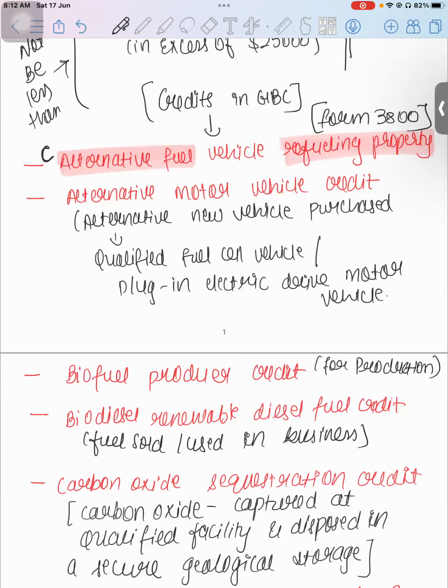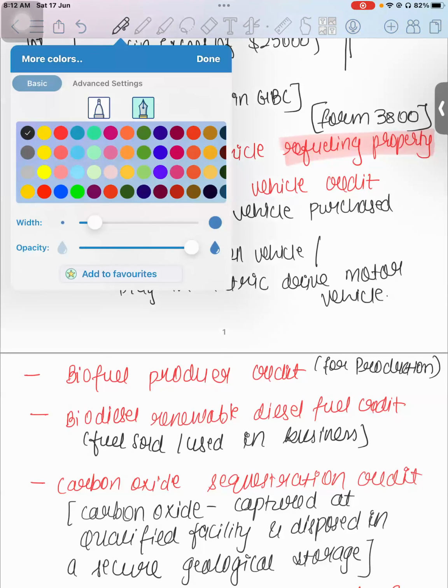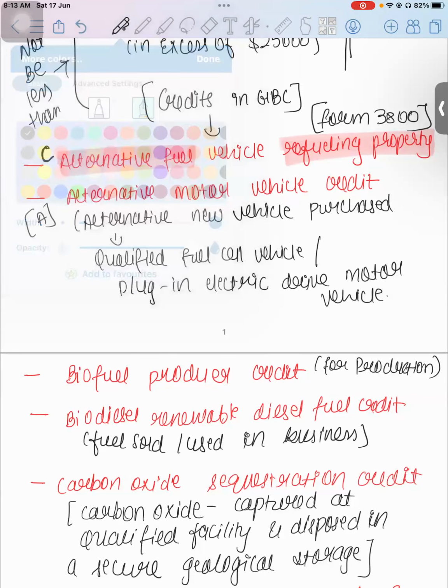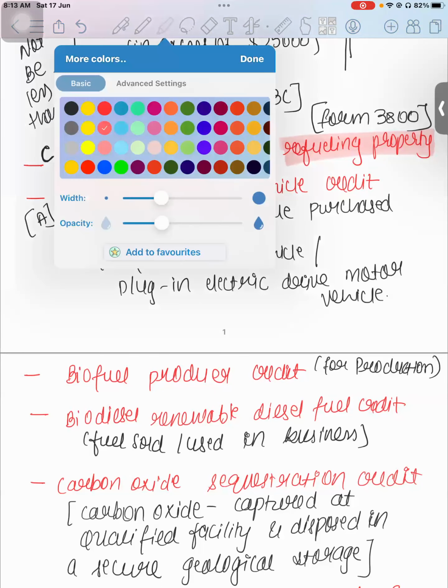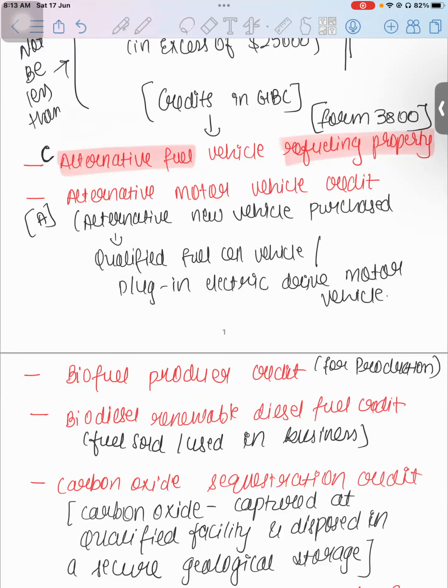Okay. The next one is the alternate motor vehicle credit. This is important from the exam point of view, and in practical life also. You will see this credit is usually taken by many of the taxpayers if they are purchasing a motor vehicle that is used in business.